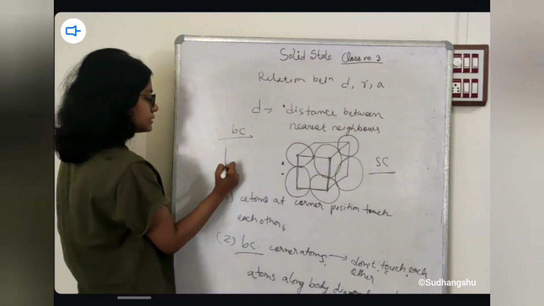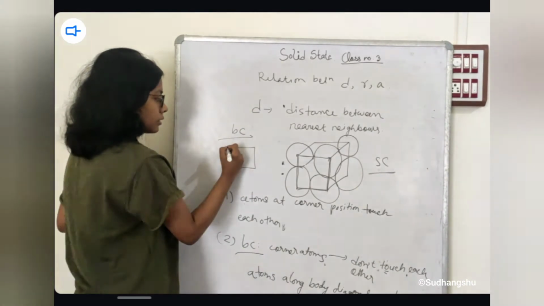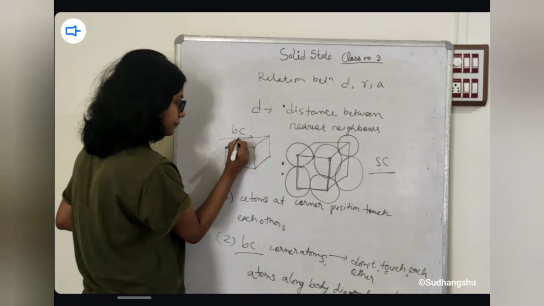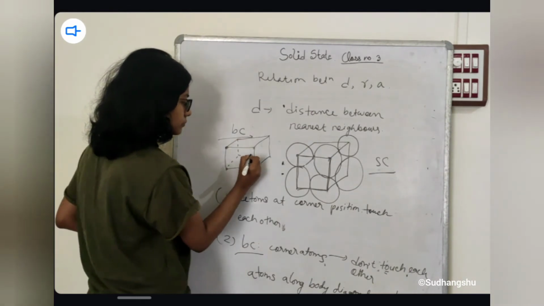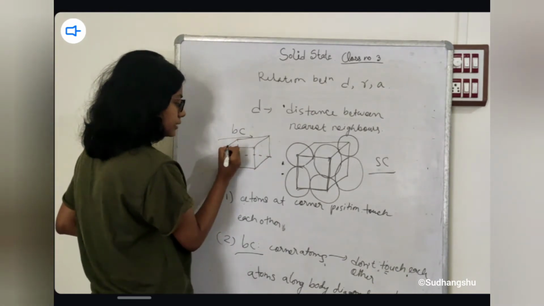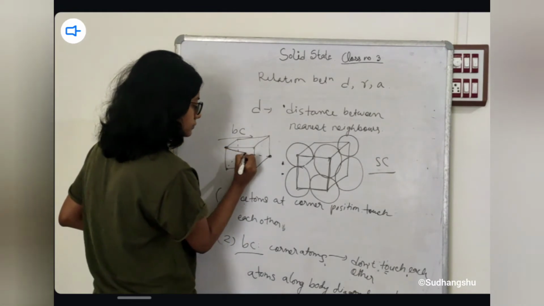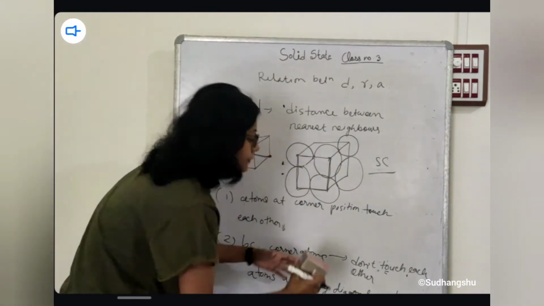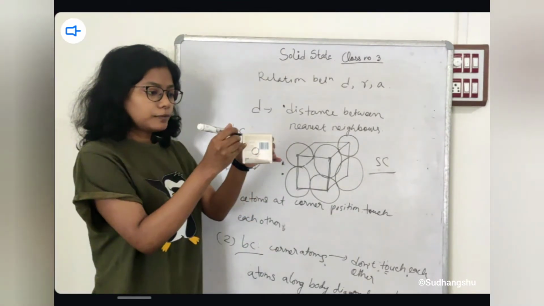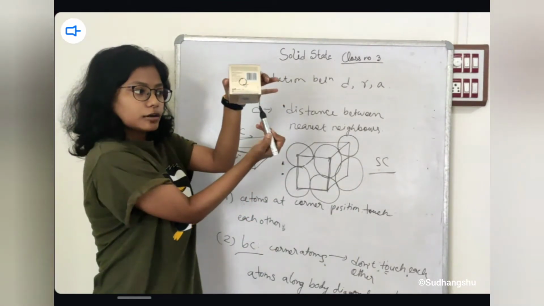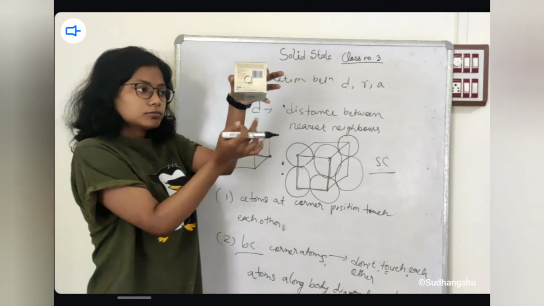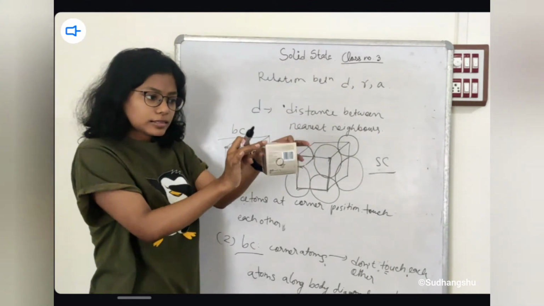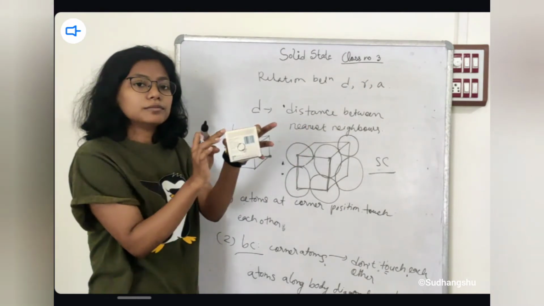Body diagonal means, this is the cubic cell, so the body diagonal will be from this corner to the opposite corner. The line joining this corner and this corner is called the body diagonal.